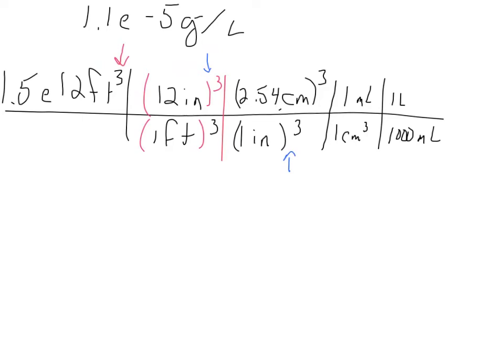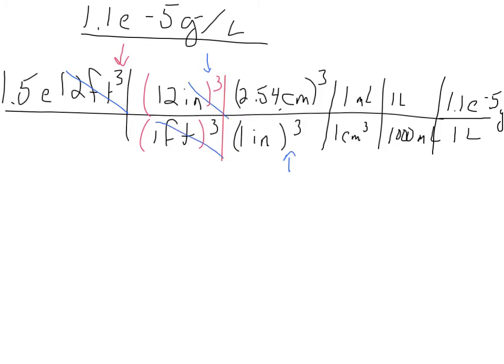But then our last box is, now that we have it in liters, we can use this density that we have up top here, and we can say there are 1.1 e to the negative 5th grams per 1 liter. So, I think I'm done here, and let me just confirm that by canceling labels. Cubic feet are canceled by cubic feet.